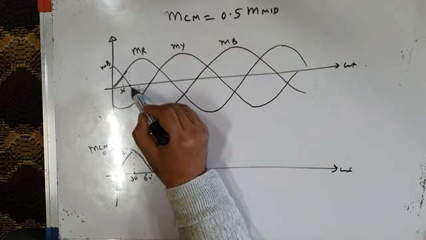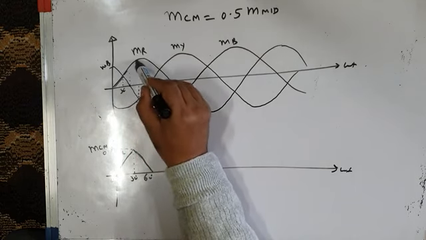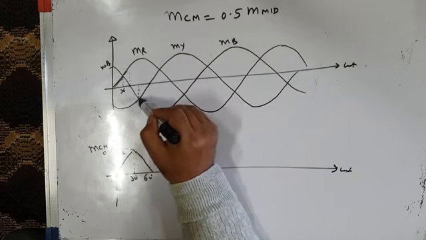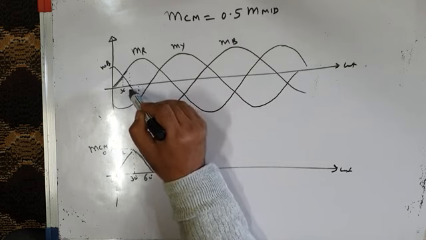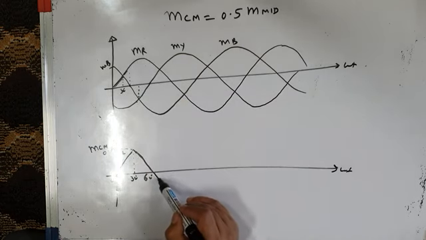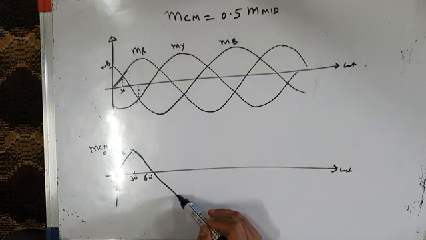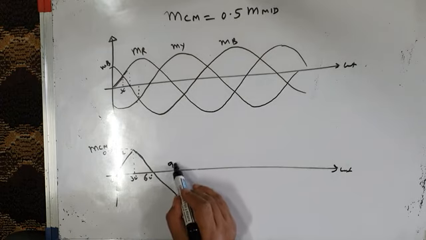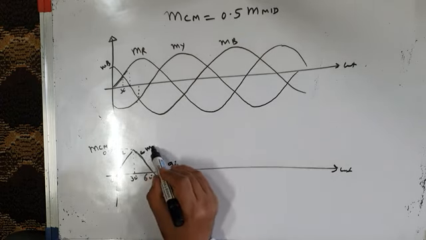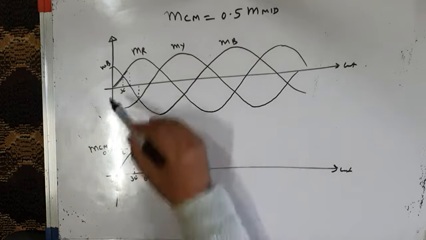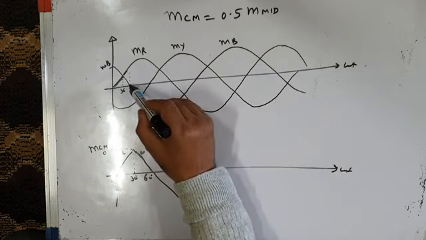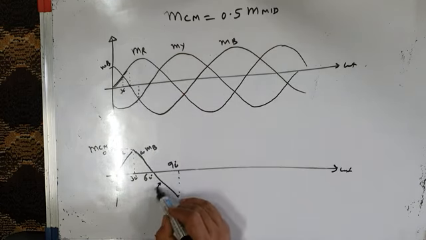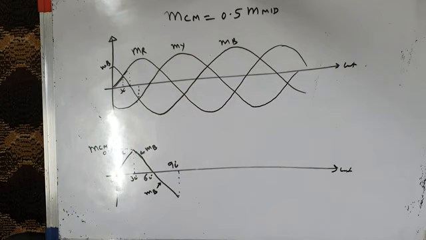MB is still M mid because MR is still M max and MY is still M min, and MB is still your M mid from 60 to 90 degrees. So from 0 to 30 degrees, MR is M mid. From 30 to 60 and 60 to 90 degrees, MB is M mid. So you can see MB is M mid here and MB during this interval is also M mid.